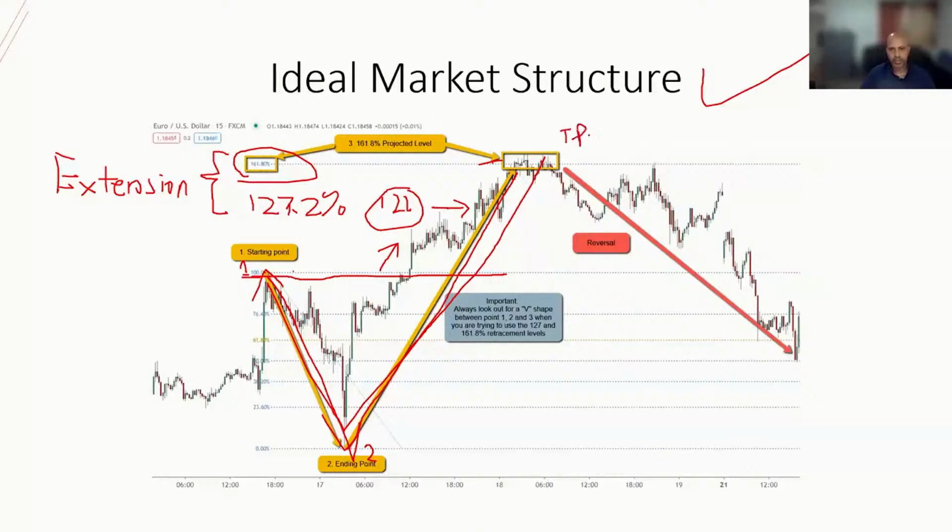For example, 161.8% has been identified here, and 127.2% is probably somewhere around here. So this could be the second take profit zone, whereas the 127.2% would be the first take profit zone. This is how we can use the extension levels to help us identify potential take profit zones should price break above the 100%, or the starting point, and continue to drive higher.